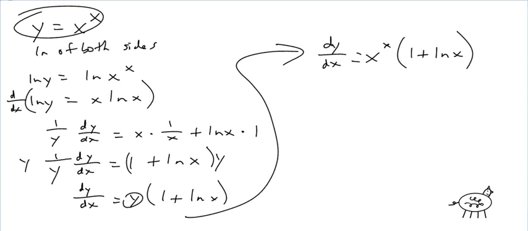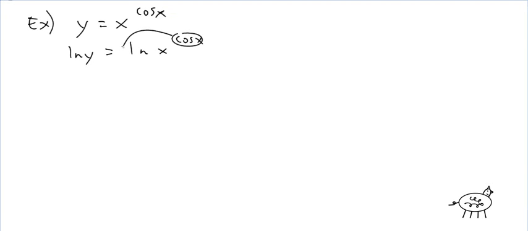Okay, so let's try one more of these similar to that. y equals x to the cosine of x. Okay, we're going to do the exact same thing, math fans. We're going to take natural log of both sides. Okay, bring the cosine down in front, so it's ln of y equals cosine of x times ln of x.